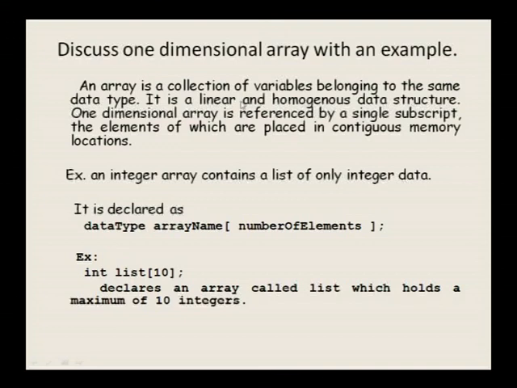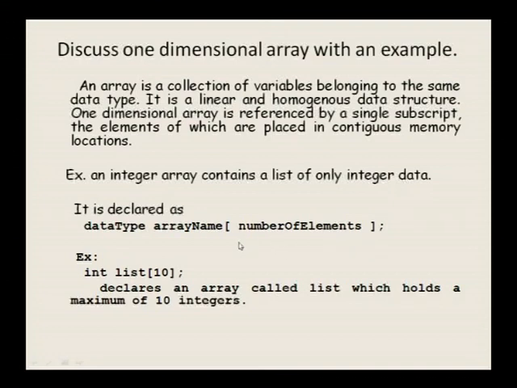Linear because it is allocated contiguous, sequential memory locations, and homogeneous because it contains similar data types, whether an integer array, a floating point array or a character array, and so on. A one dimensional array is always referenced by a single subscript. So, an integer array contains a list of only integer data.